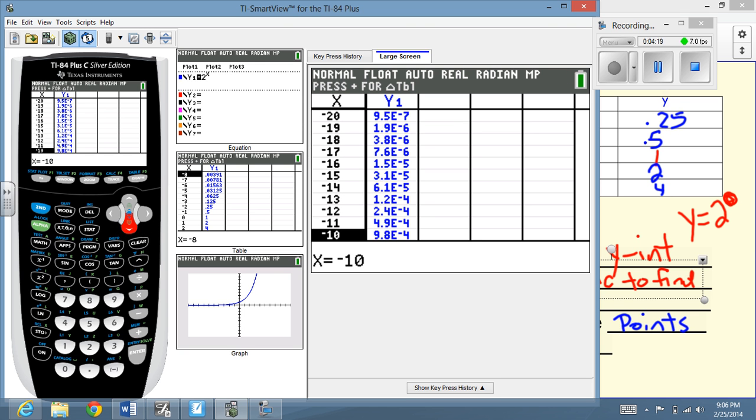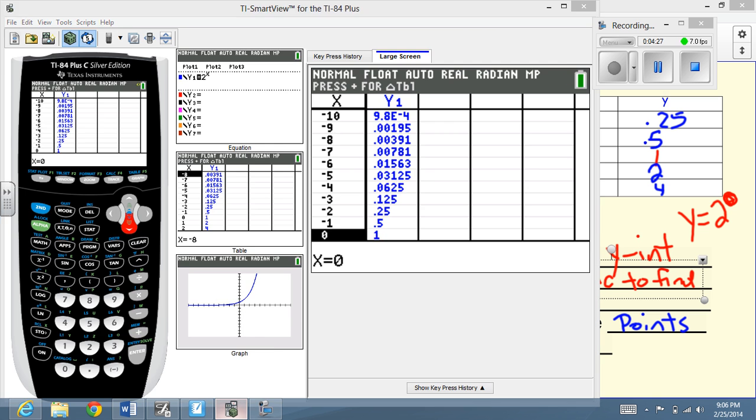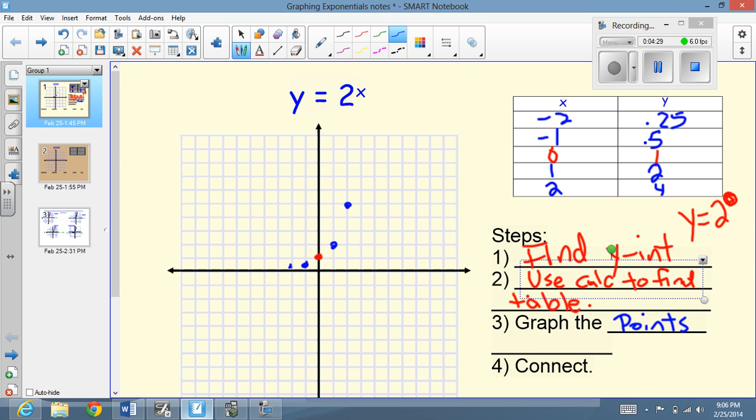That number is just getting really, really, really close to 0. Alright? So for that reason, what I have is a horizontal asymptote at 0. Right here I have a horizontal asymptote that I'm never going to touch.